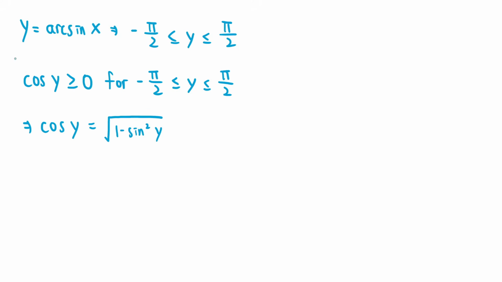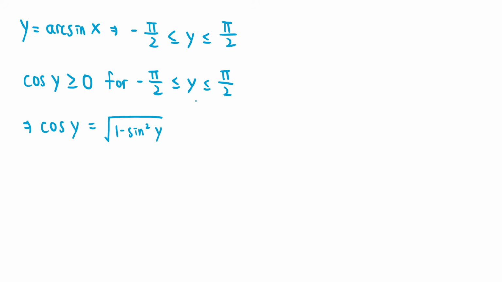So here's the deal. We originally set y equal arcsine of x, and the range of the arcsine of x function is between negative pi over 2 and pi over 2 inclusive. So this implies negative pi over 2 is less than or equal to y, which is less than or equal to pi over 2. Within this interval for y, cosine of y is always greater than or equal to 0, because the cosine function always takes non-negative values in the domain between negative pi over 2 and pi over 2 inclusive.